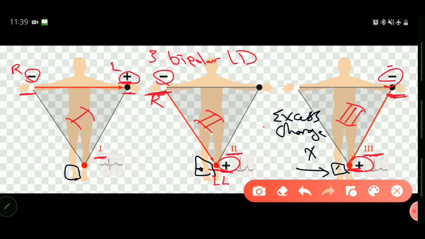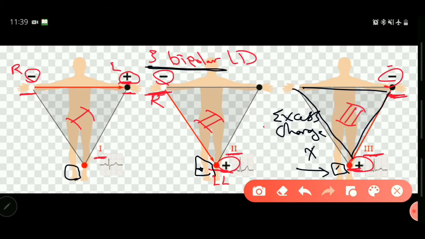Also, there is something I want to say: why do we have this triangle here? This triangle is associated with a scientist, Einthoven's triangle. He had a fantastic theory for the ECG and for the 3 bipolar leads.